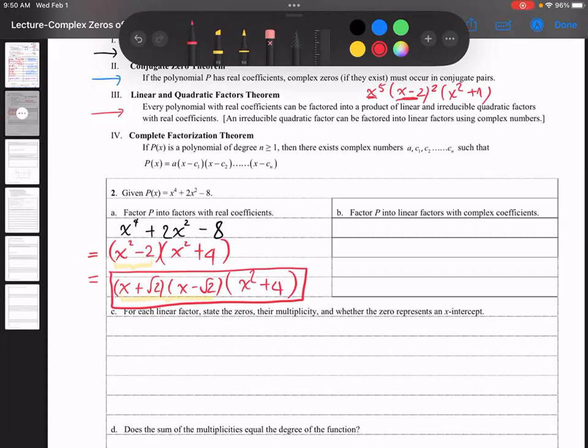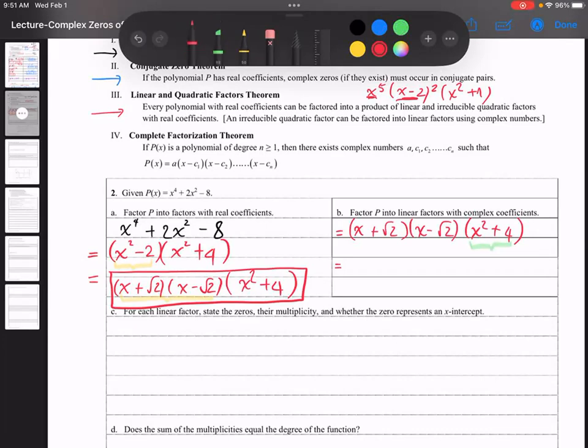Now part B, they want you to factor into complex coefficients as well. So let me rewrite. I don't want to rewrite the whole thing, I just need the answer. So x plus root 2, x minus root 2, and then I have x squared plus 4. And for the x squared plus 4, what can I extend it out? Yeah, right. That's what they meant by complex coefficients.